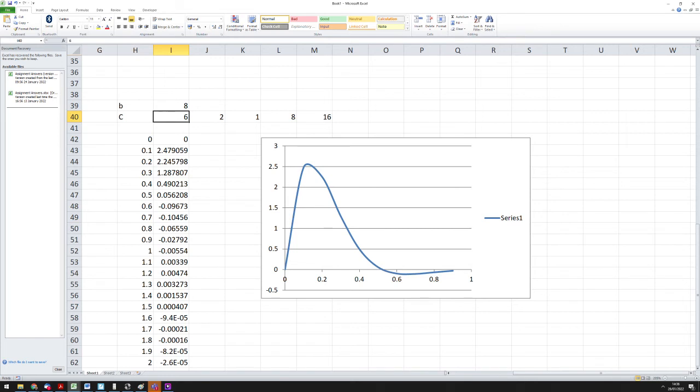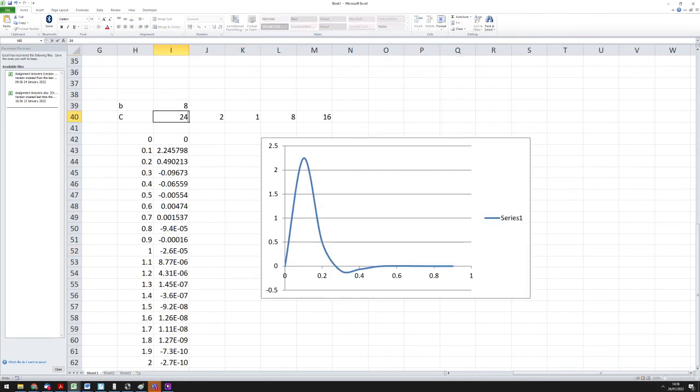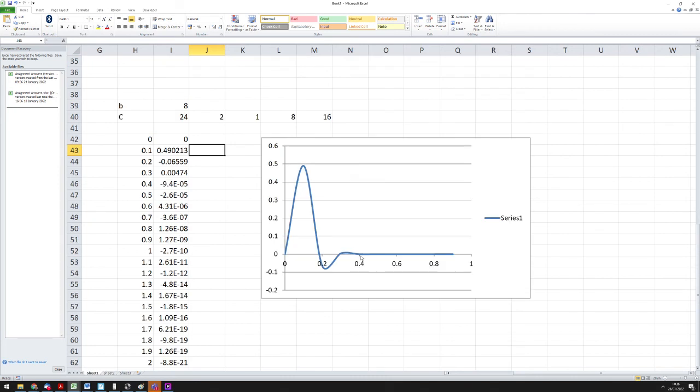If we go back to 12, can you see how we were at 0 around 0.7, 0.8? Go up to 24. We get to 0 about 0.4.